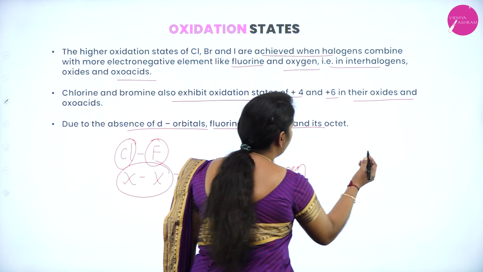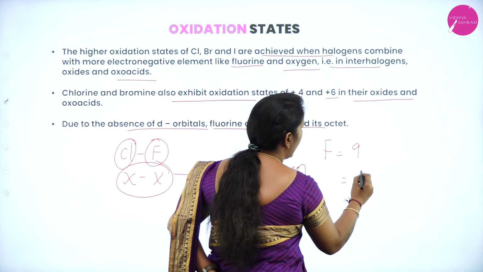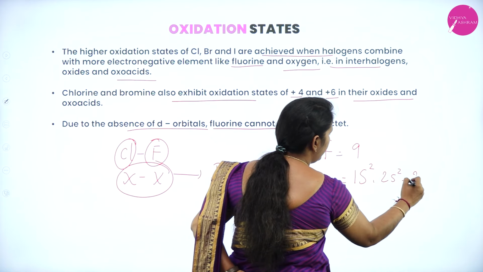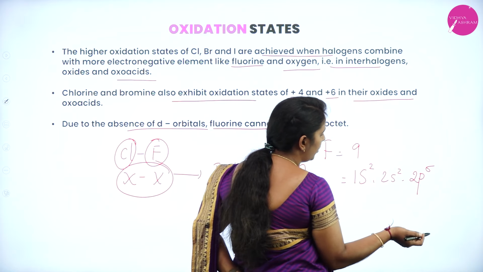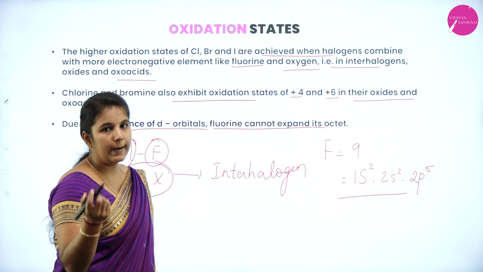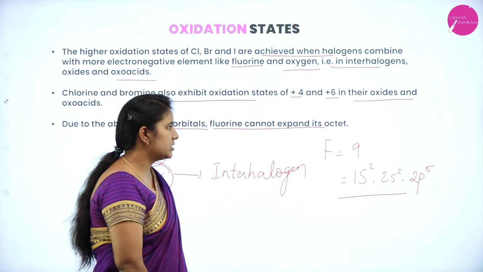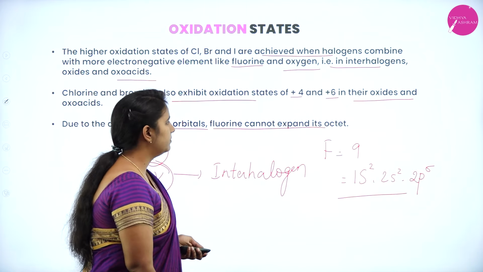How to know that? We know that fluorine has atomic number 9, right? And how do you write its configuration? It is 1s2, 2s2 and 2p5. You can see that there is no availability of the d orbital. Hence, fluorine will not show +1, +3, +5, +6 and +7 oxidation states. Thereby, it does not attain the octet structure.